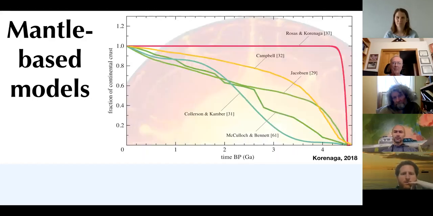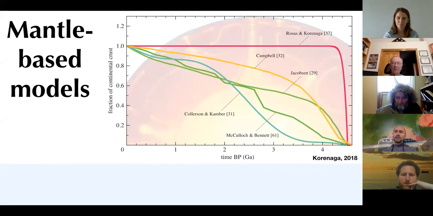And then we've got another family of growth models that Coronaga refers to as mantle-based models. And these are generally constrained by neodymium isotopes of either mafic rocks or mafic and felsic rocks.